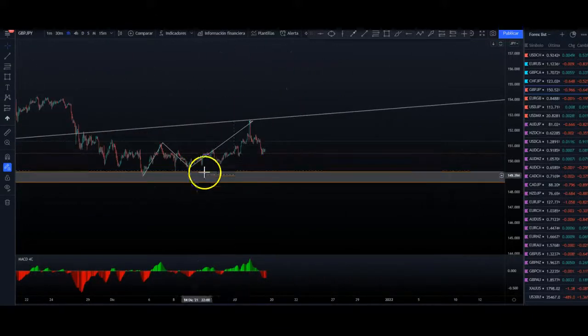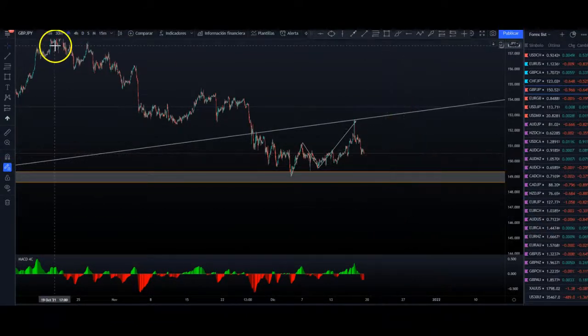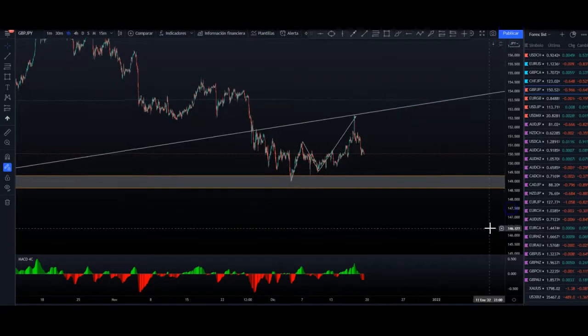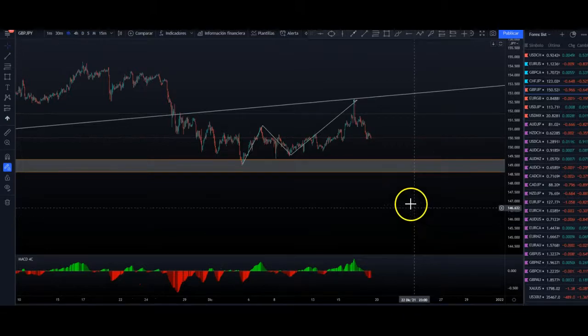And the market went all the way up there, then the market rebounded from there. And right now we're looking to see if the market is going to go up or down. It can only go one way, right? Up or down, or sometimes it takes time to go sideways. Okay, now what are we going to do?